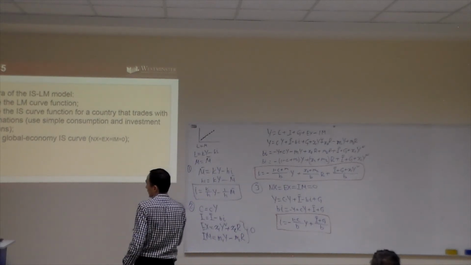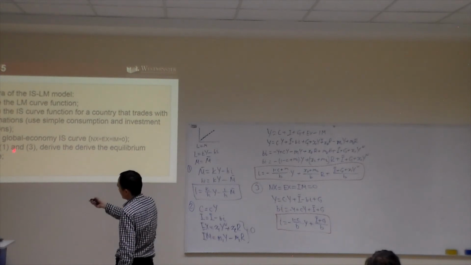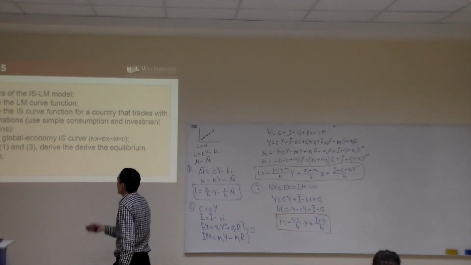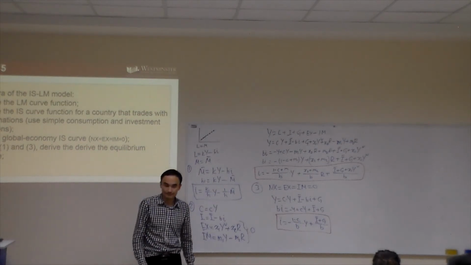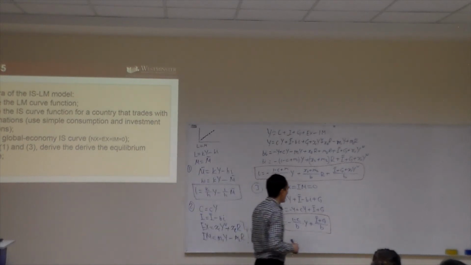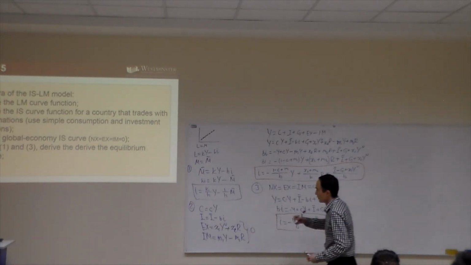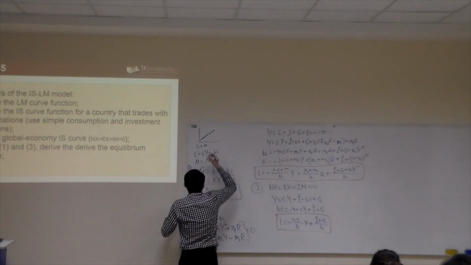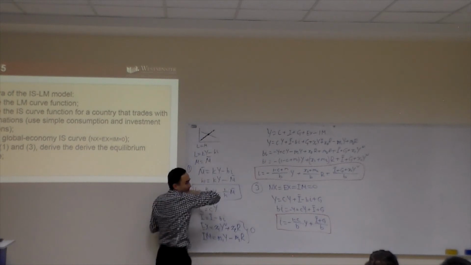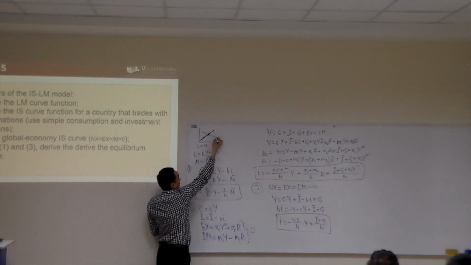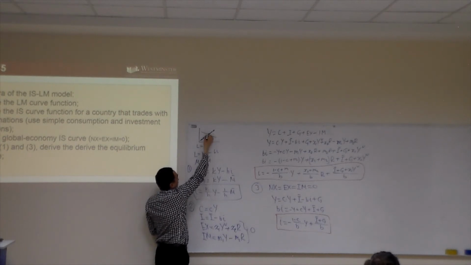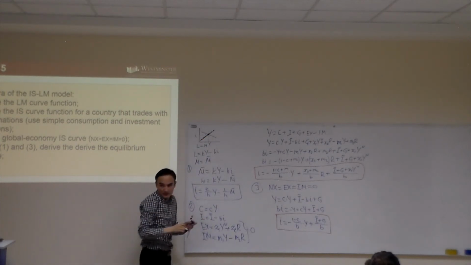Next one. Using the first derivation and third derivation, derive the equilibrium income. This is asking us to find the point where the LM curve and IS curve cross, yes? They cross at the equilibrium income and equilibrium interest rate.